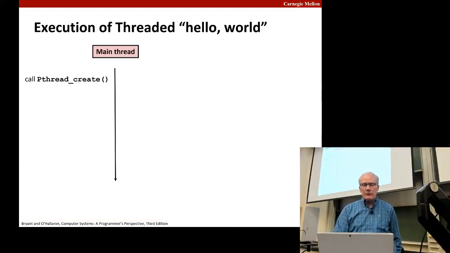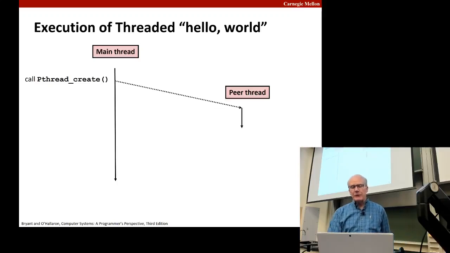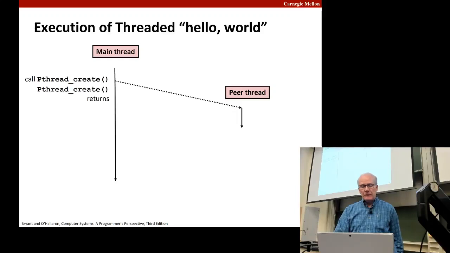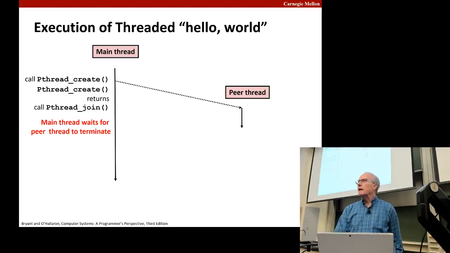So the point in this particular example is I called pthread create, that created a new thread, and pthread create returns right away as soon as this new thread is created. And then the main thread called pthread join, and then it just would sit and wait until that particular thread terminated.